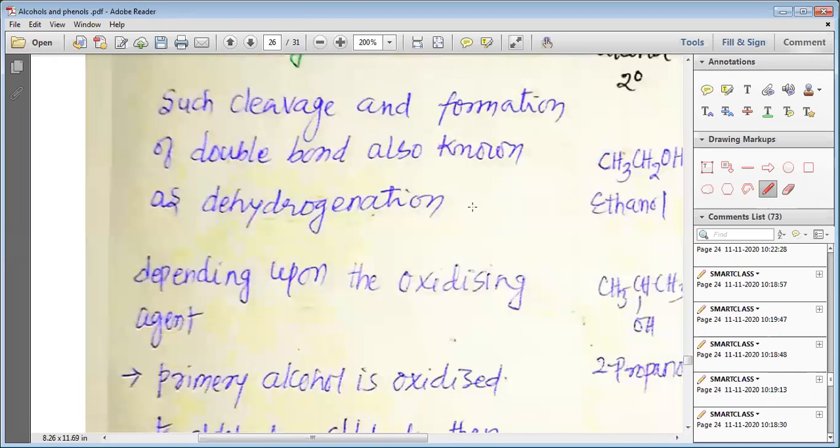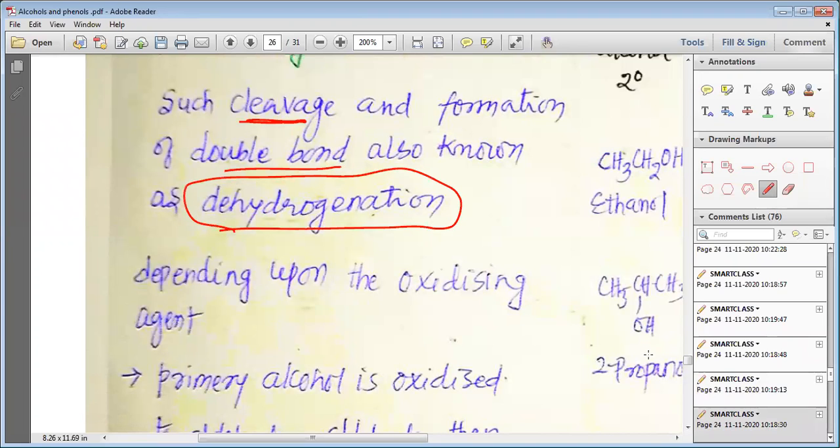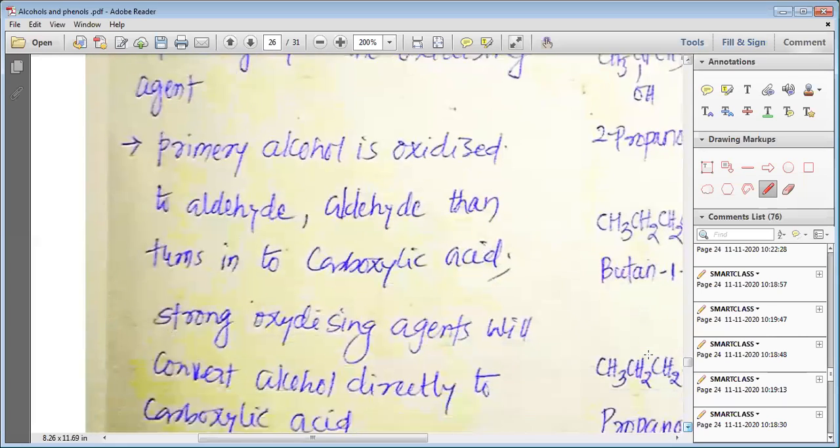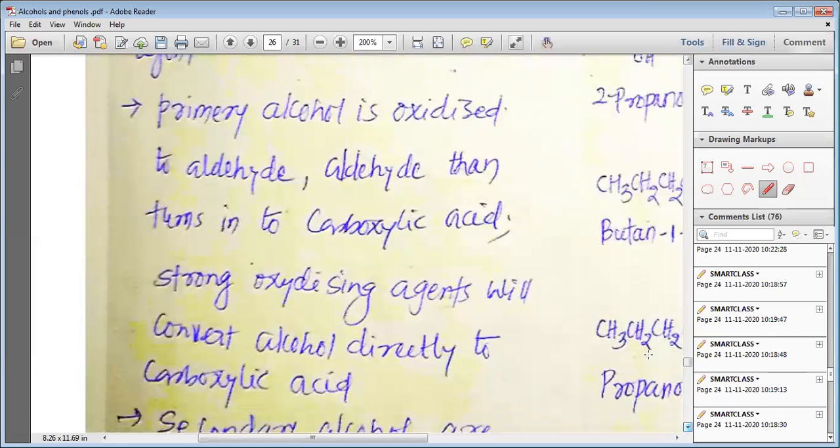Now, the breaking of a bond is known as cleavage. Such cleavage and formation of a double bond is also known as dehydrogenation. Depending upon the oxidizing agent, primary alcohol is oxidized to aldehyde.